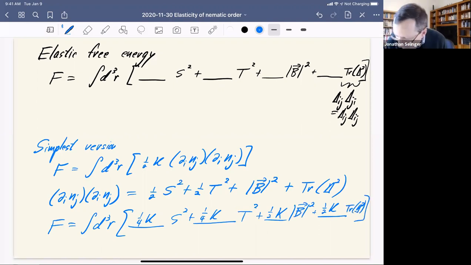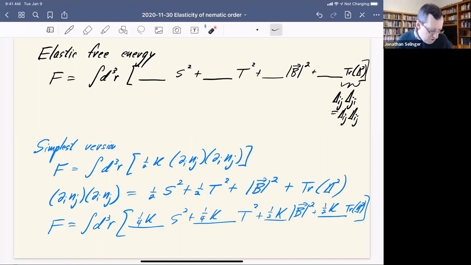So the simplest version of the free energy corresponds to assuming that the numbers that go in these blanks are in the ratio of a half, a half, 1, 1. If we have those special ratios, then the simplest version of the elastic free energy is correct.